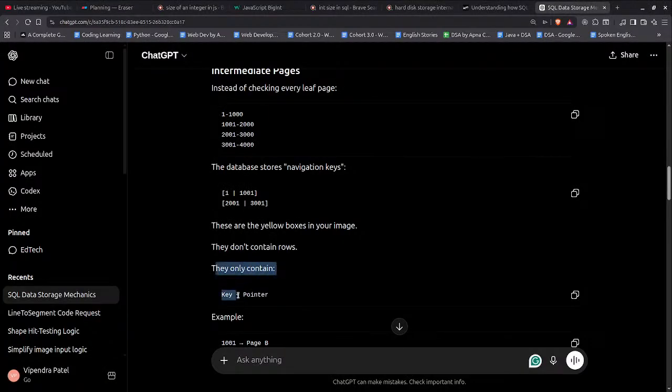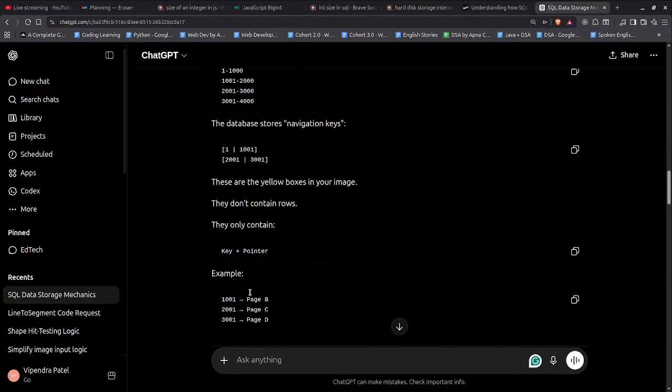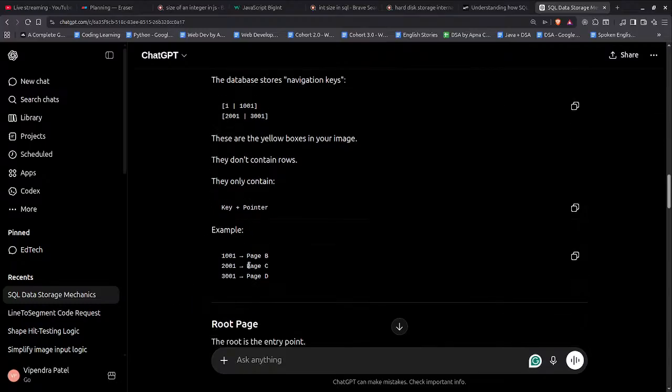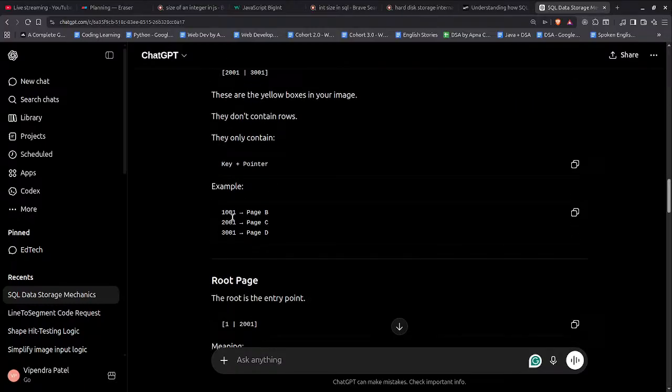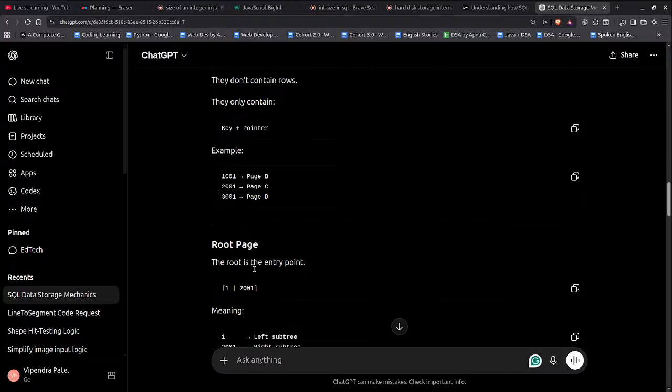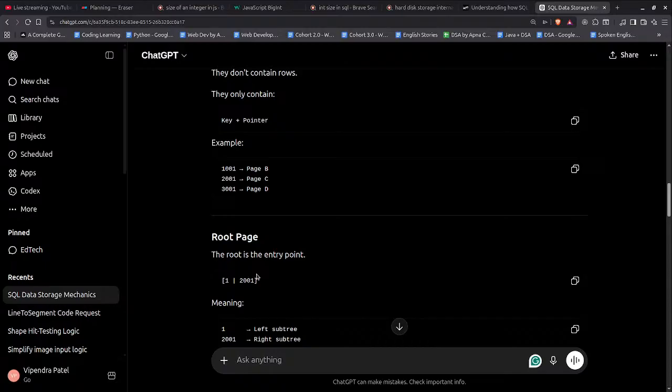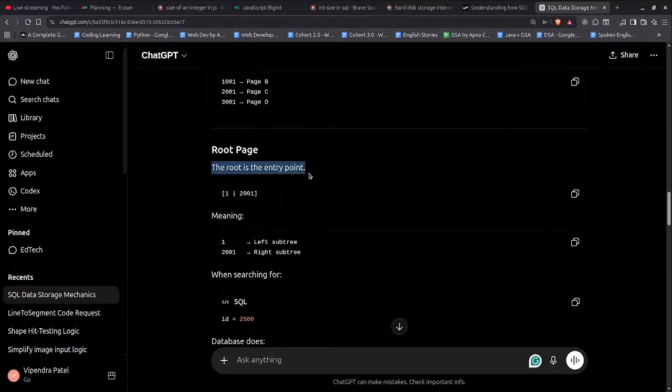They only contain key plus the pointer, exactly where it goes. For example 1001 page B, 2000 CD, and then the root is the entry point: 1 to 2000 meaning left subtree, 2001 right subtree.